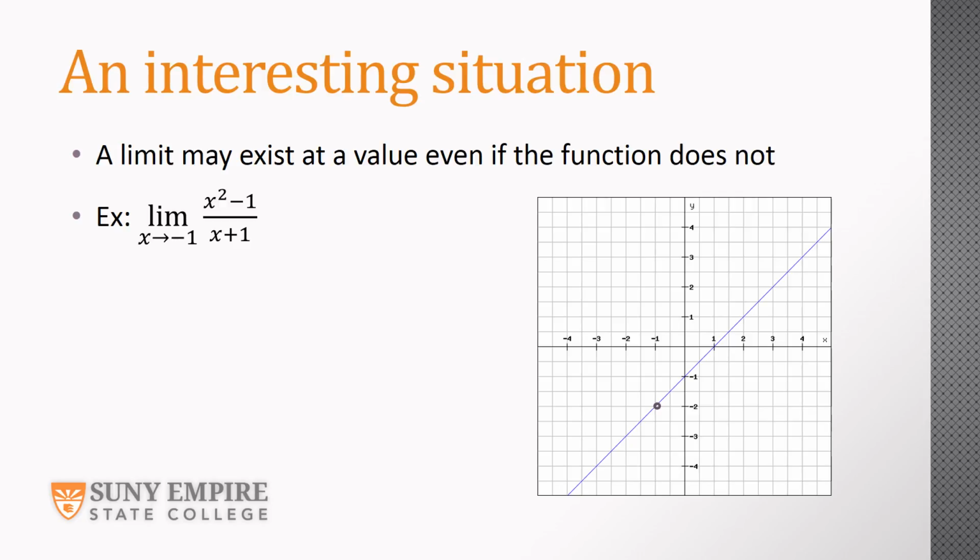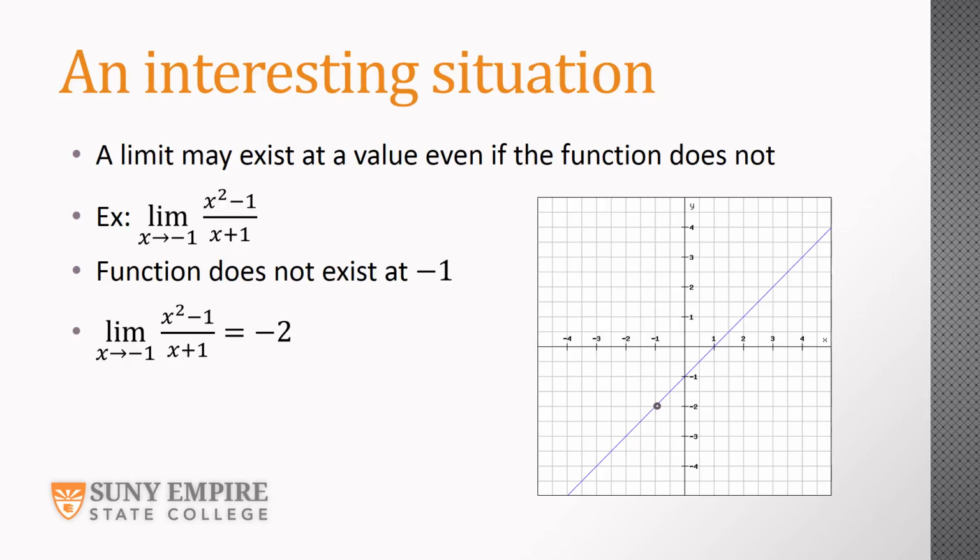This hole is exactly at the x value of negative 1. So our function is not defined at the point we are concerned with. However, when we look at the graph, the y values approach negative 2 as we get close to x equals negative 1. So the limit as x approaches negative 1 for x squared minus 1 divided by x plus 1 is negative 2.